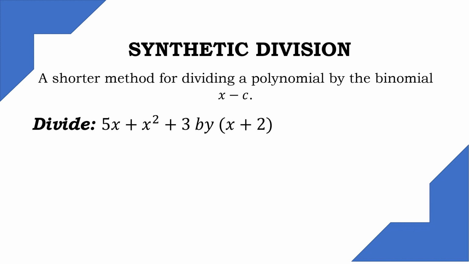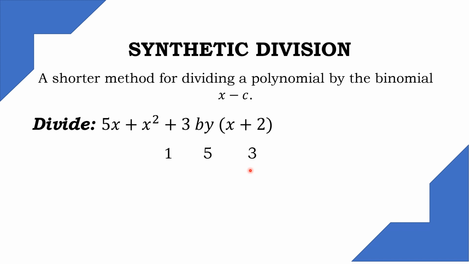The coefficient of x squared is 1. Next is the coefficient of 5x, which is 5. And of course, the constant term is 3.